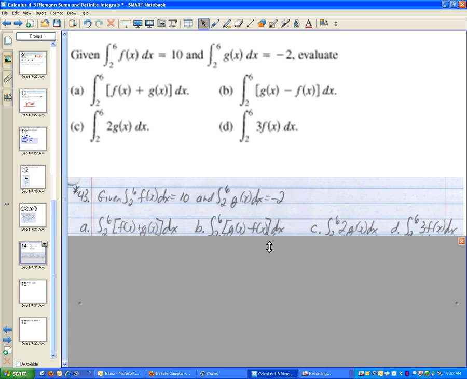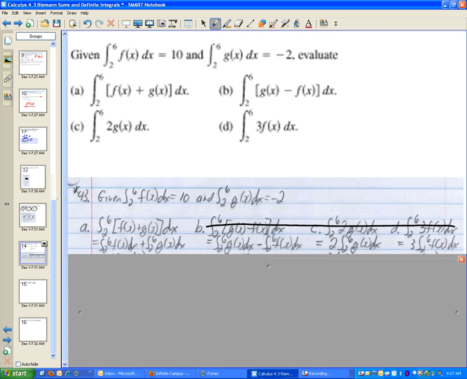What do we need to do? Divide it up into two separate definite integrals. So we make it the integral from 2 to 6 of f of x dx plus the integral from 2 to 6 of g of x dx.